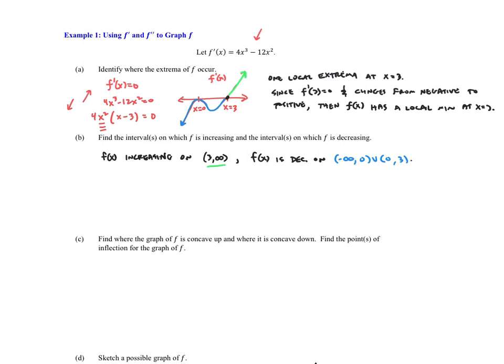Okay, and this is because f prime of x is greater than 0 on the green interval, and f prime of x is less than 0 on the blue interval.